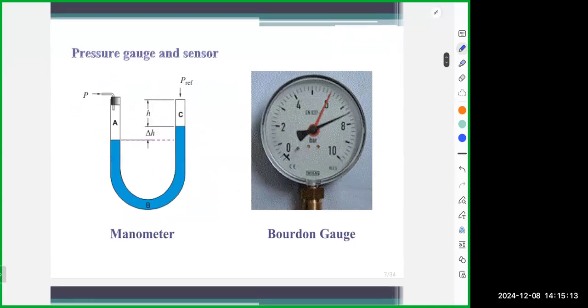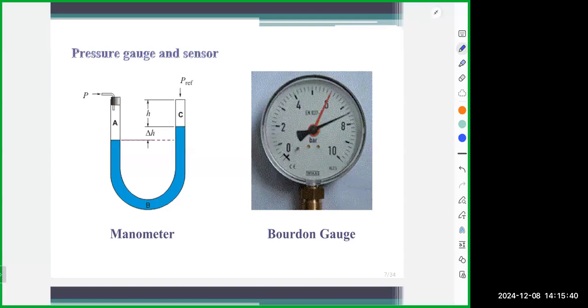Next, we can apply the idea of the total pressure, which combines the air pressure and the gauge pressure, to invent the measurement of pressure. In these pictures, they use the same technique, but in different forms.